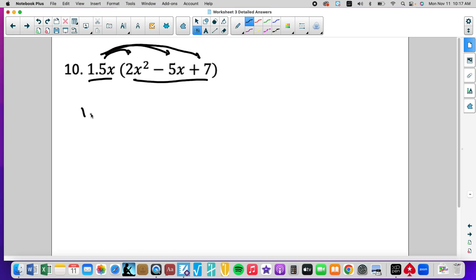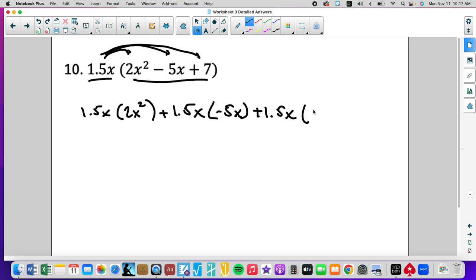Now this is a monomial times a trinomial, so we just distribute that into that. And again, we're multiplying 1.5x times 2x squared plus 1.5x times negative 5x. That negative is attached to the 5. Not this. I don't want to see a negative there. This is a positive 1.5x. It should be a positive 1.5x. And then we'll multiply it by 7. So that is going to be 3x squared.